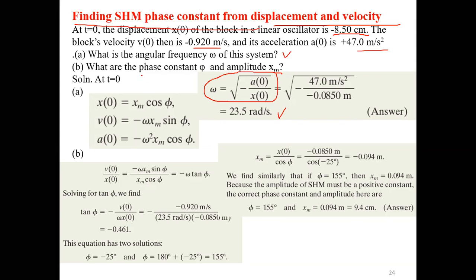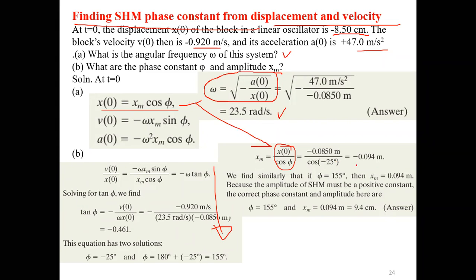Okay, now what is the phase constant phi of the amplitude at xm? To find out the phase constant, the problem is already solved here. I hope you will be able to catch it up. From here, xm equal to x0 divided by cos phi.